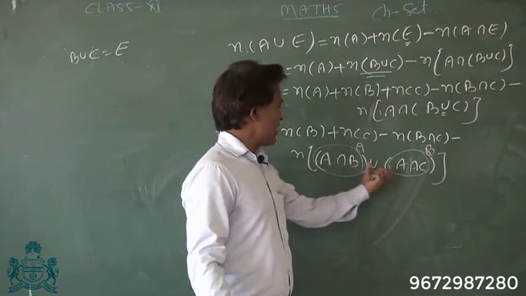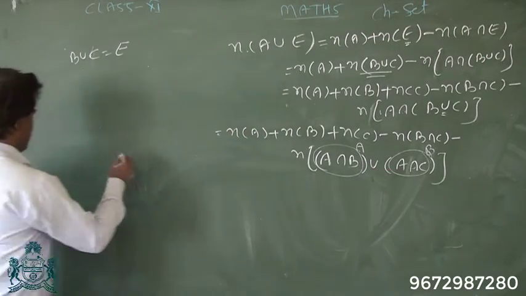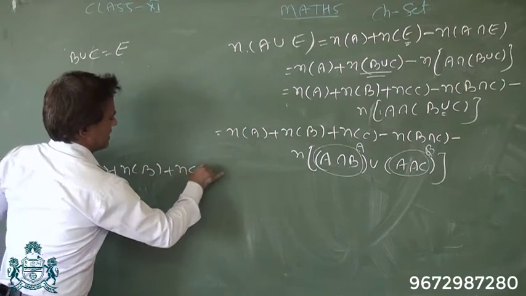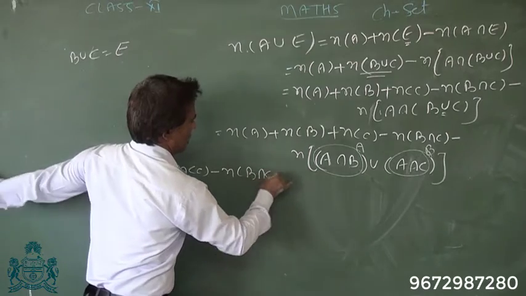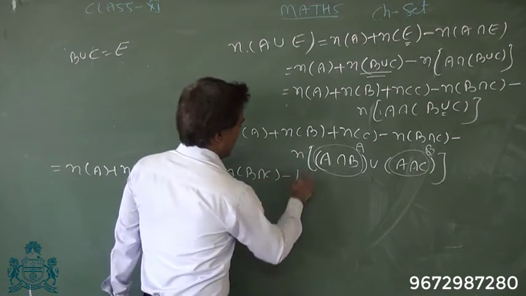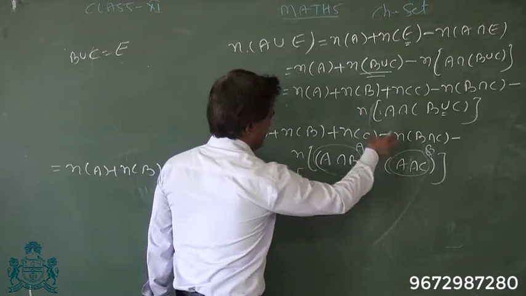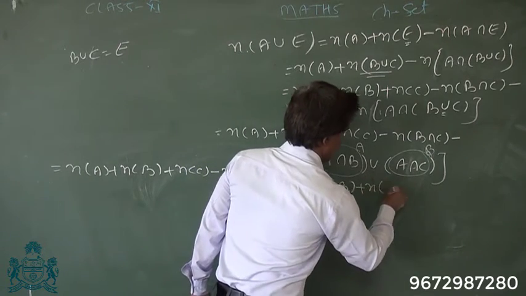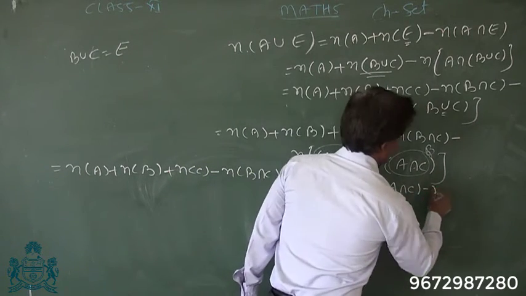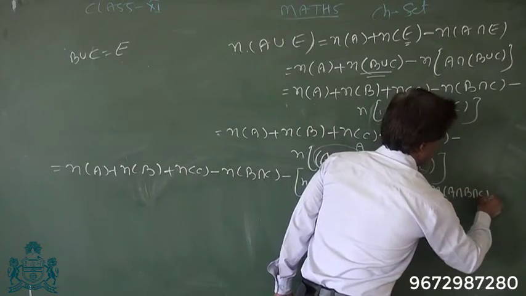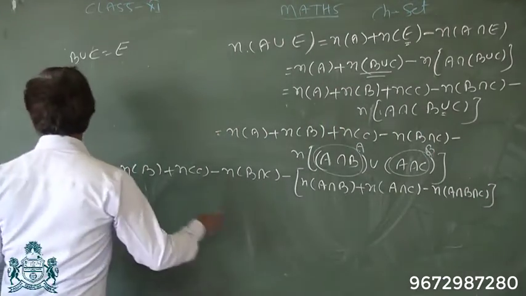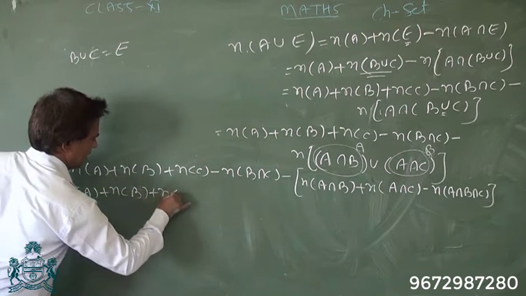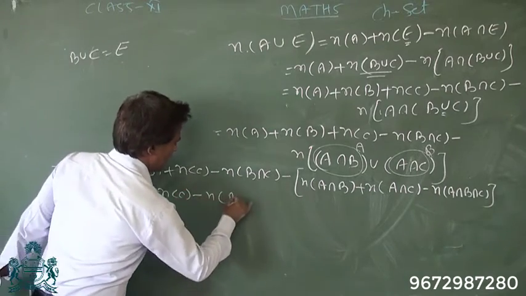Again we apply its formula here, so what we get? n(A) plus n(B) plus n(C) minus n(B intersection C) minus, now we are applying the formula of n(A union B), it equals n(A intersection B) plus n(A intersection C) minus n(A intersection B intersection C). Now it equals n(A) plus n(B) plus n(C) minus n(B intersection C).